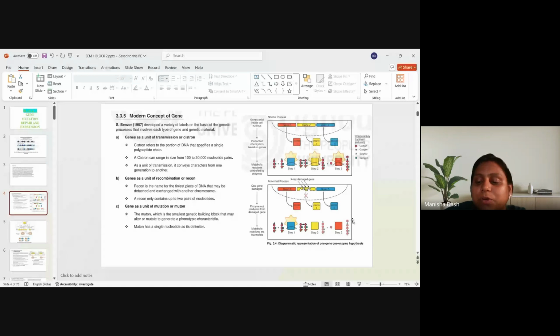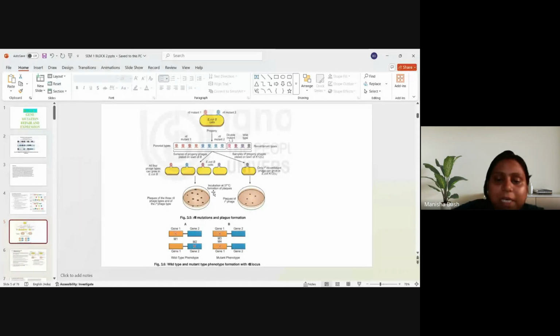This was proved in an experiment called the T4 bacteriophage experiment, which was conducted by Seymour Benzer. He took two different types of bacteriophage. Bacteriophages are viruses that engulf or kill the bacteria.